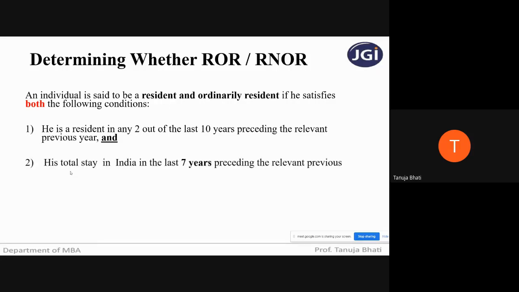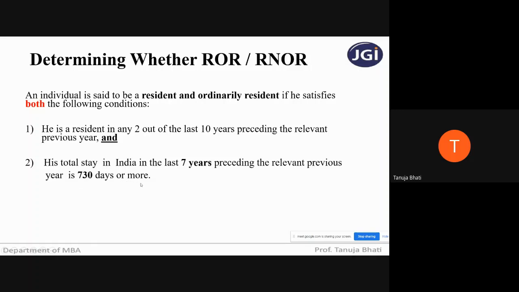Next, his total stay in India in the last 7 years preceding the relevant previous year, leaving out the previous year, is 730 days or more.